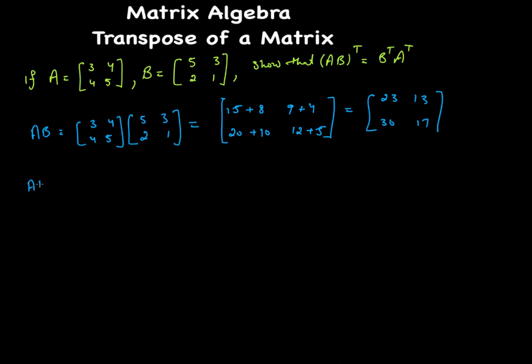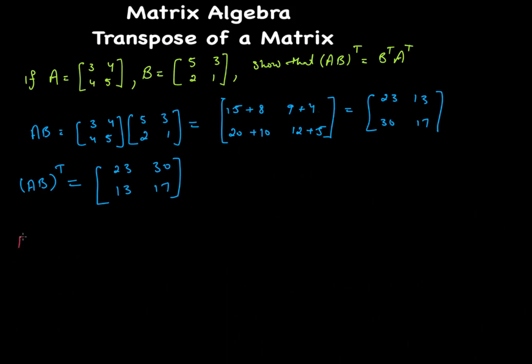We need to find the transpose of AB. Changing the rows to the columns, it can be written as 23, 30, 13, and 17. So this is AB transpose. So let's do the right hand side, which is B transpose and A transpose, and then we're going to multiply them. So we know B is 5, 3, 2, and 1, so change the row to the column.